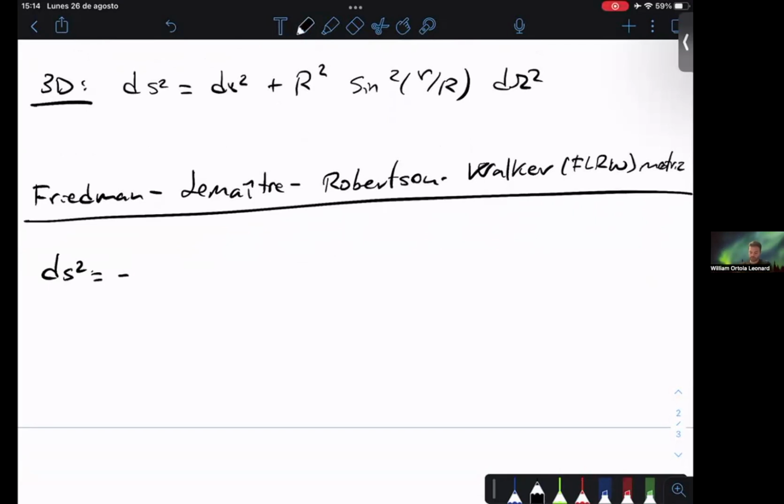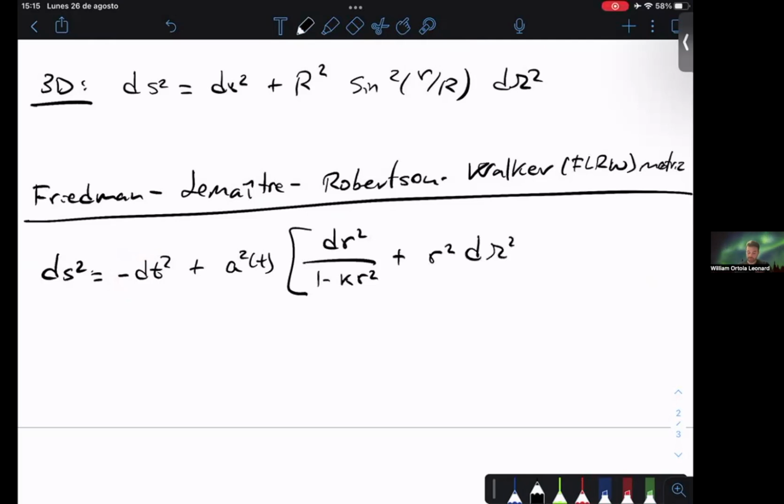The first component is the change in time, which has this negative in front, plus a squared of t, the scale factor squared, times dr squared divided by 1 minus k times r squared, plus r squared times the solid angle squared, okay?